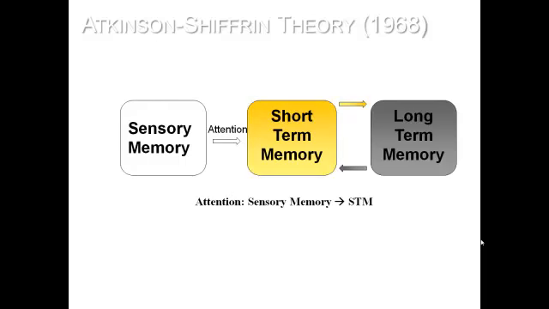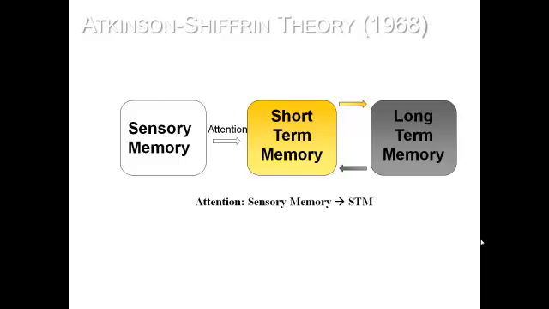Now, as I mentioned before, the attention. You need to select something from your sensory memory to pay attention to. You're getting bombarded with stimuli all the time. You can't pay attention to everything. We're not physiologically equipped to do so. You can only pay attention to a small amount of the information that we come in contact with.